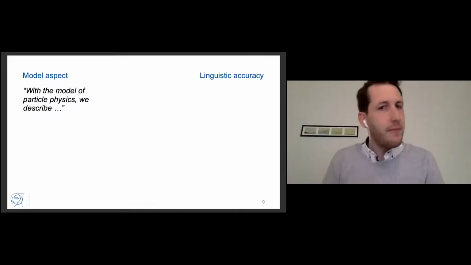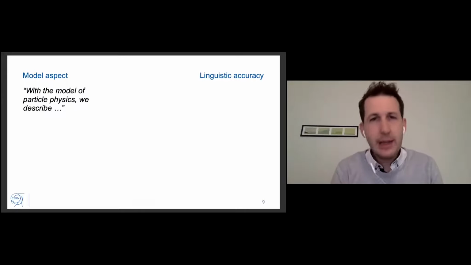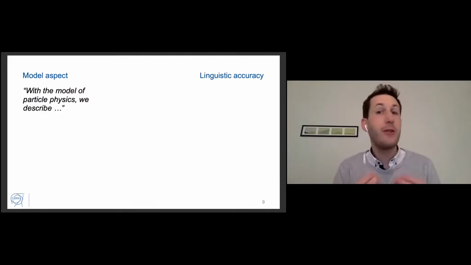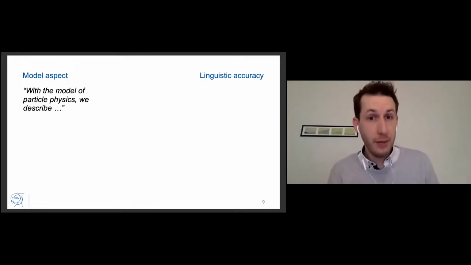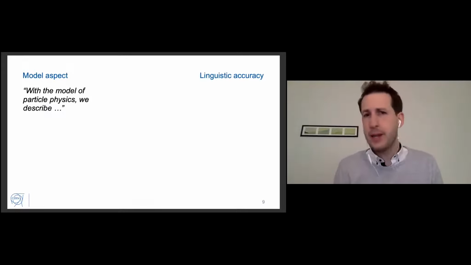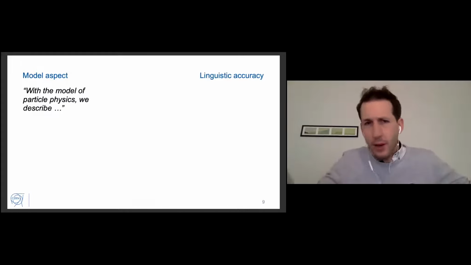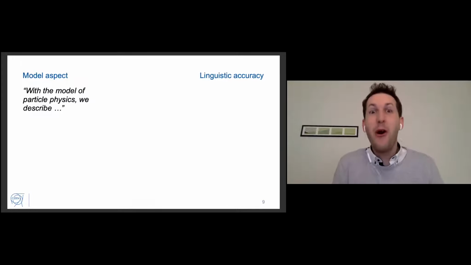The second thing is something that is completely known to you already. I'm 100% sure. I'm not going to tell you anything new there. I just want to emphasize that linguistic accuracy, so what we say in our classroom and how we say something in our classroom, is completely important. And as I said, this is not new to you. You all know that.